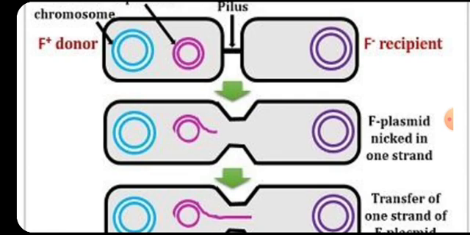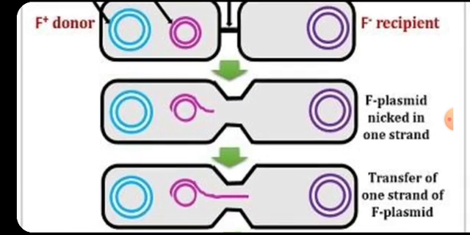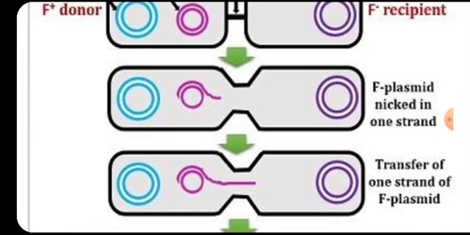You can see that this F plasmid, the pink colored DNA, has two strands, so it is double stranded. One of the strands is cut, and that strand is received by the F minus cell, which is also called the recipient cell.